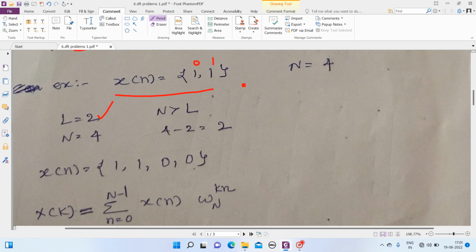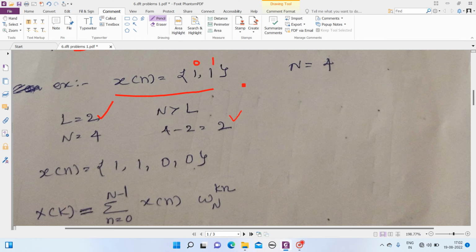So here I need to calculate the X of k value for N is equal to 4. The N-point DFT is 4, right? It is very easy to discuss. That problem is very time consuming, that's why I switched to this problem. N is greater than L, N minus L, 4 minus 2 is equal to 2.